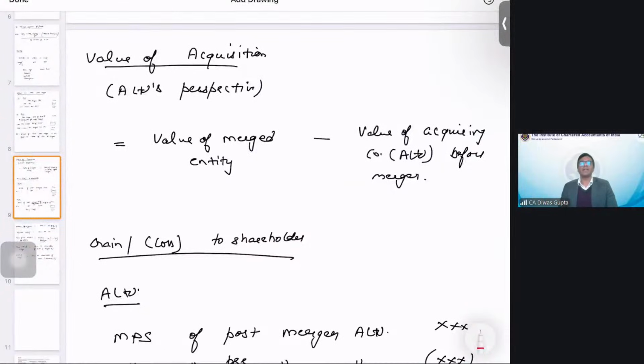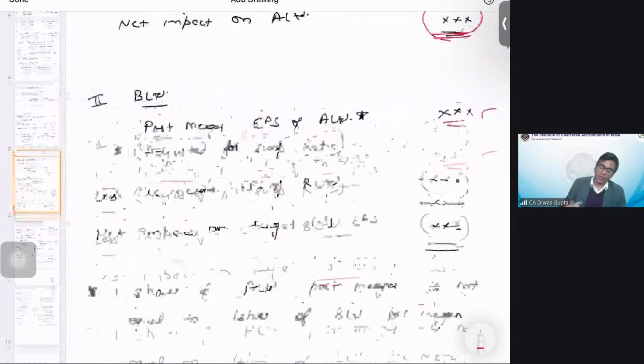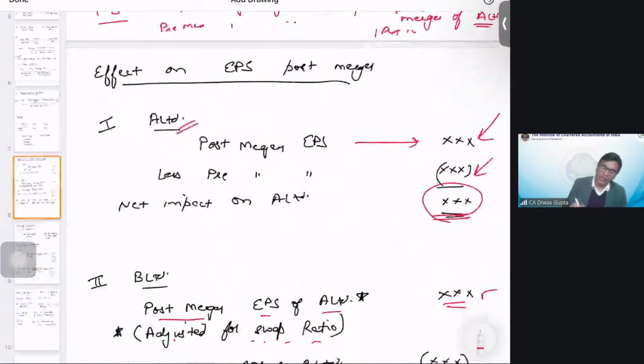Now, sometimes, in case of EPS, instead of EPS the question might ask you to calculate the effect on MPS post-merger, market price per share post-merger. Then everything remains the same. The effect on market price per share post-merger will be post-merger MPS less pre-merger MPS for A Limited. 1:1 equation is sorted.